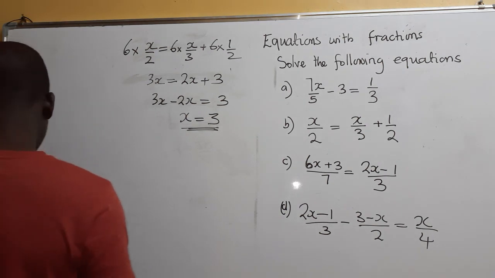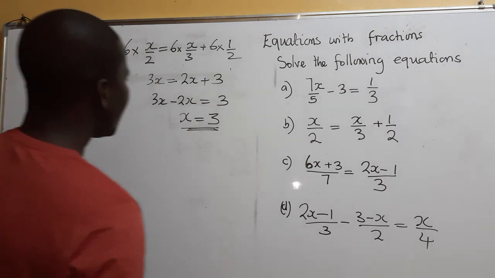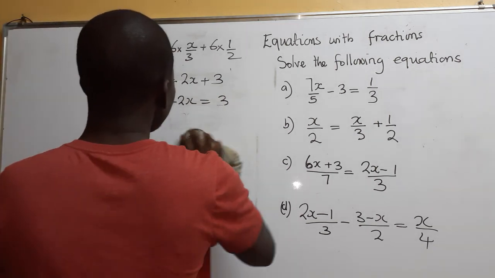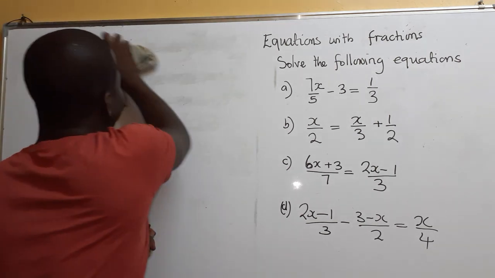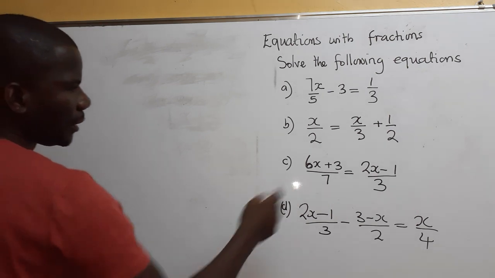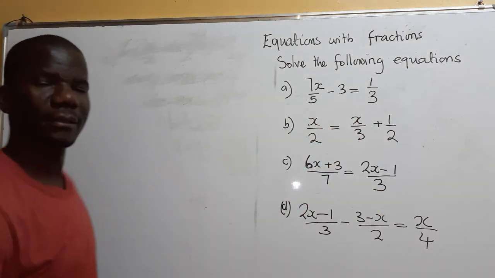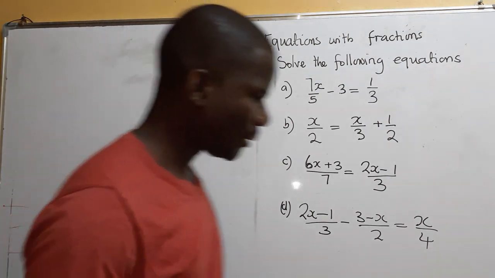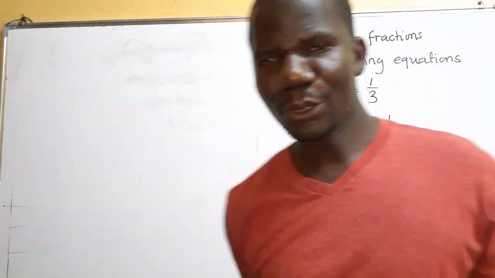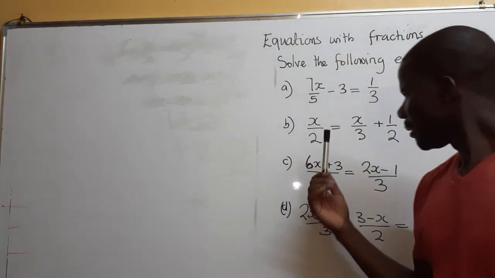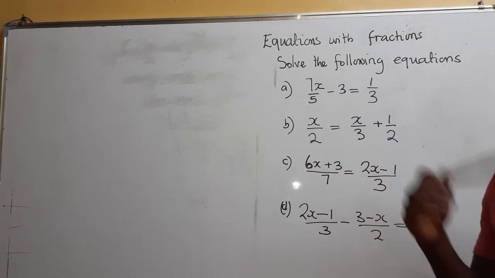We are supposed now to find another one, which is this one. What are the denominators? 7 and 3. What is the lowest number that 7 and 3 can go into without a remainder?